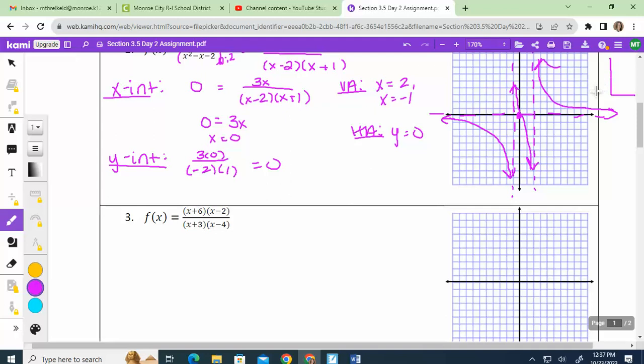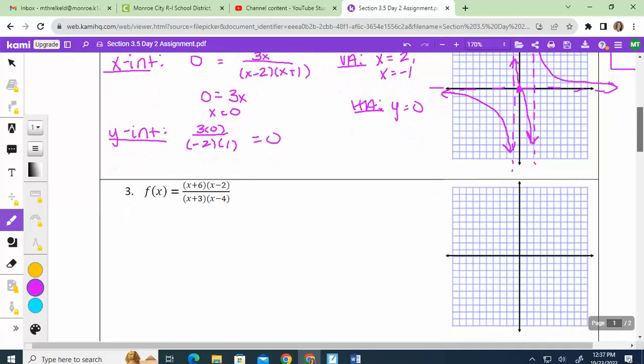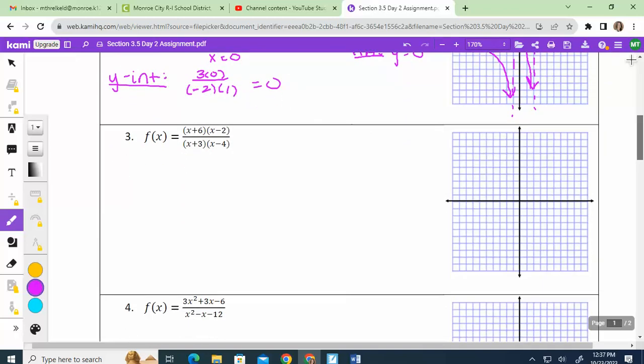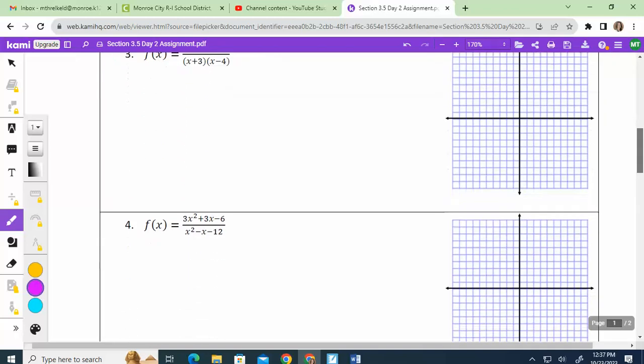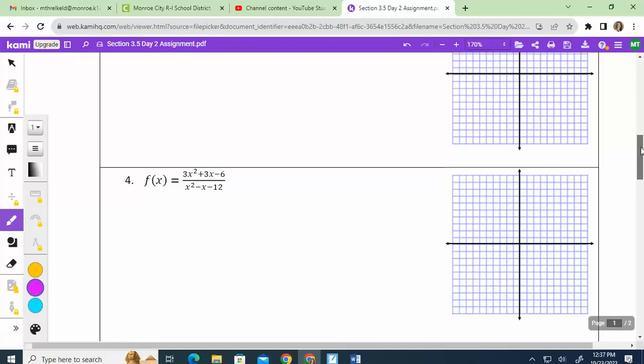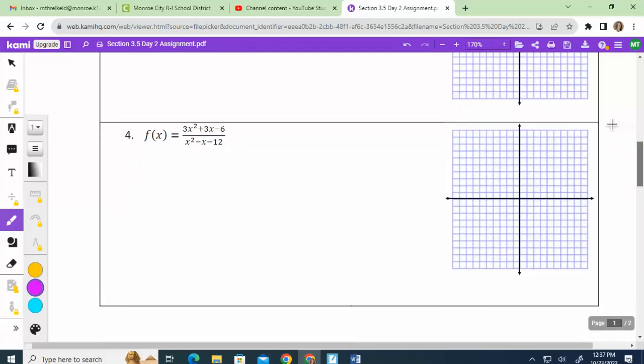Let's look at, let's do number 4 together. First step is factor. So what would you do on the top?